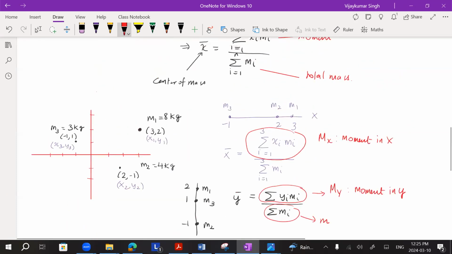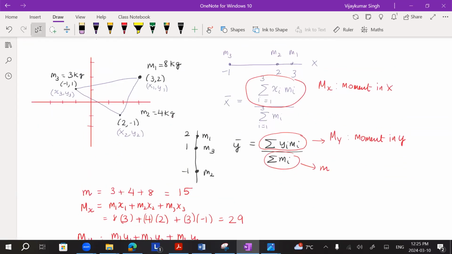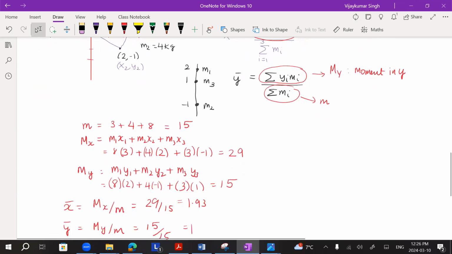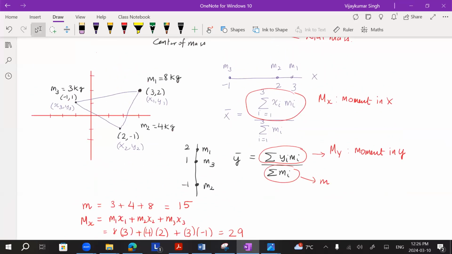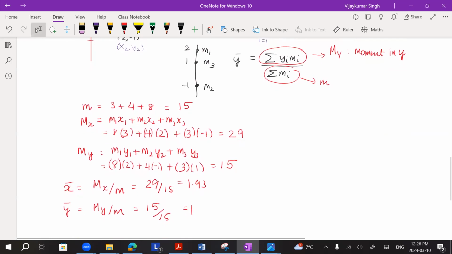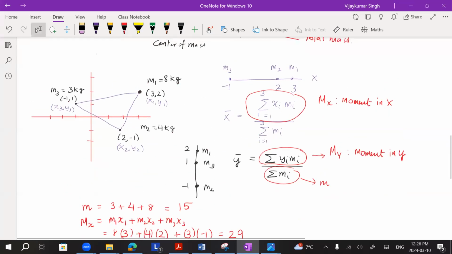What does it mean? The center of mass of these three masses, you can choose to imagine a rod, or you can think about no rod as well. The idea is that you have three masses located at these points. The center of mass is going to be 1.93 for the x coordinate, and the y coordinate is 1.